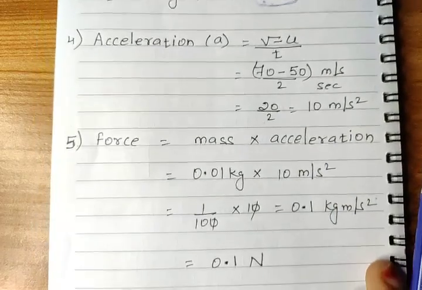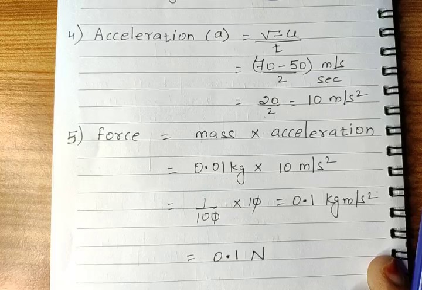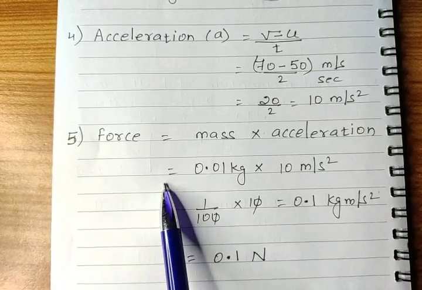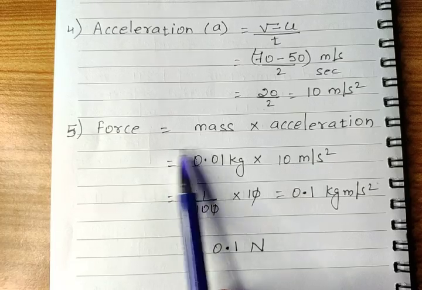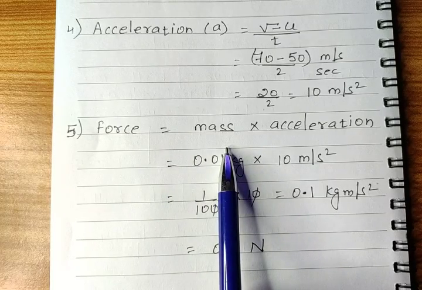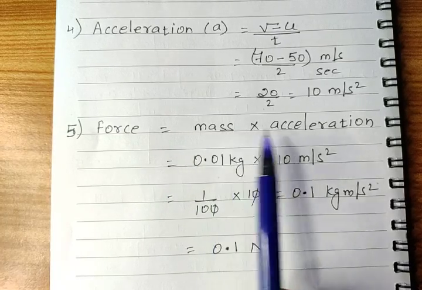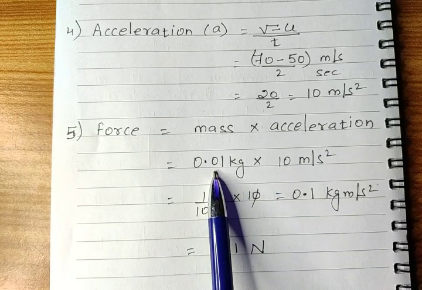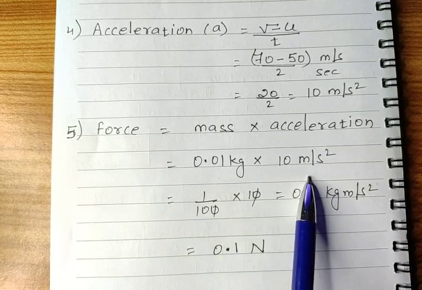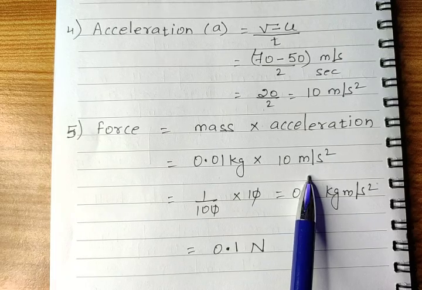Now next is force. Okay, so how much force was applied on the body? We have the mathematical form of Newton's second law of motion, mass into acceleration. How much is the mass of the body? 0.01 kilogram into acceleration, how much? 10 meter per second square.